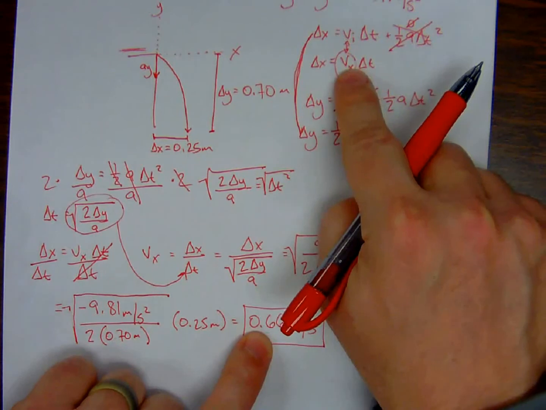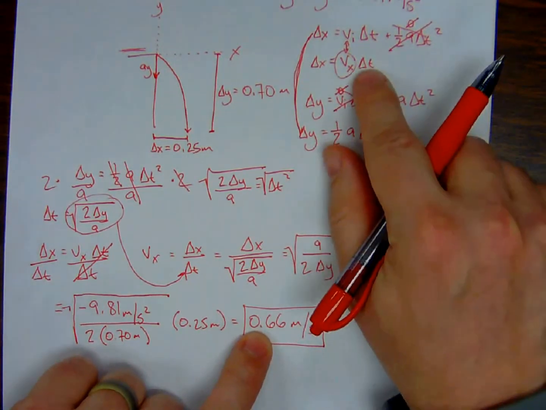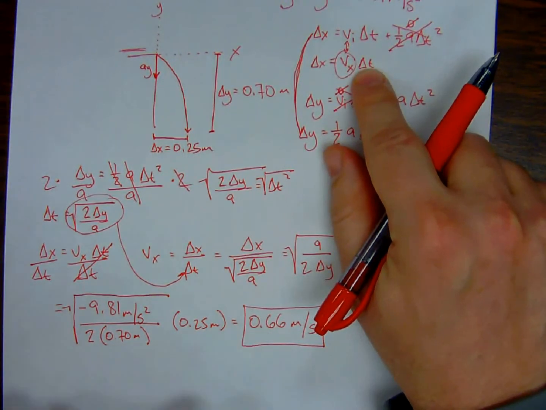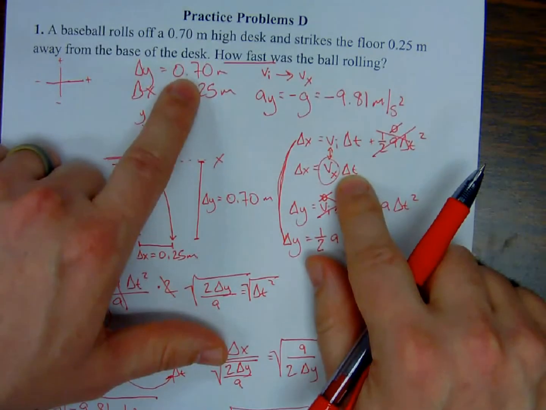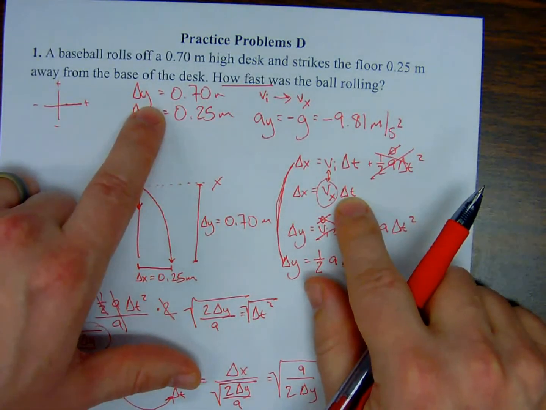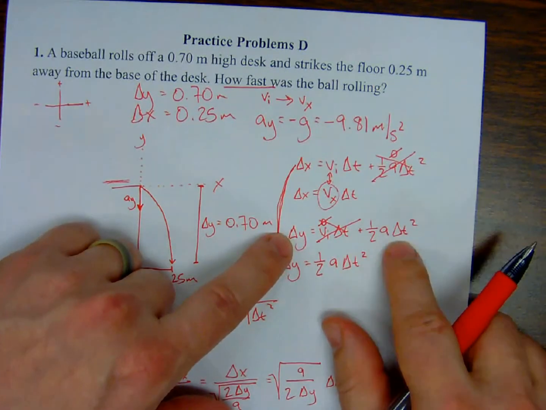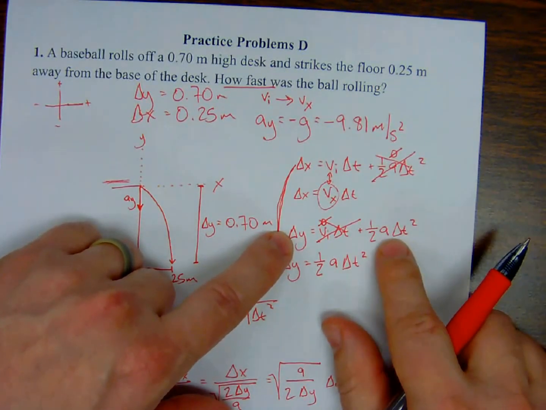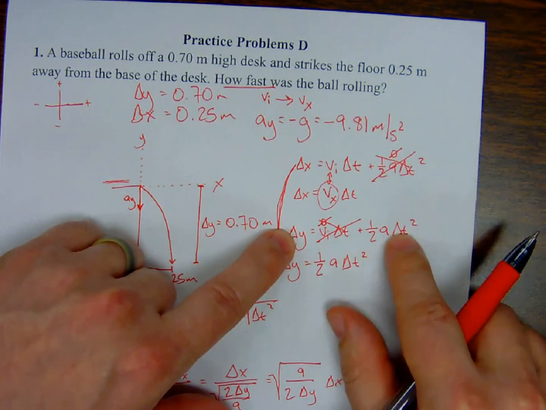Because I rearranged this equation to look like this, I could solve for delta t and have a term that uses stuff that was given to me in the question. Now, once I had this solved for delta t, I could plug that in, because we don't know how long the baseball was in the air. We do not have the ability to simply plug that into the equation.